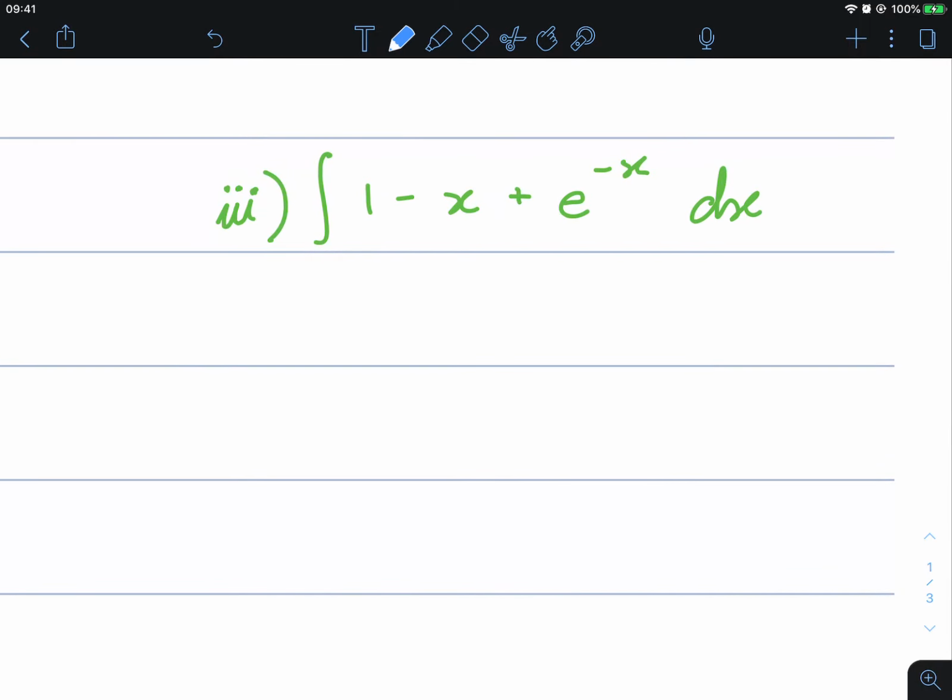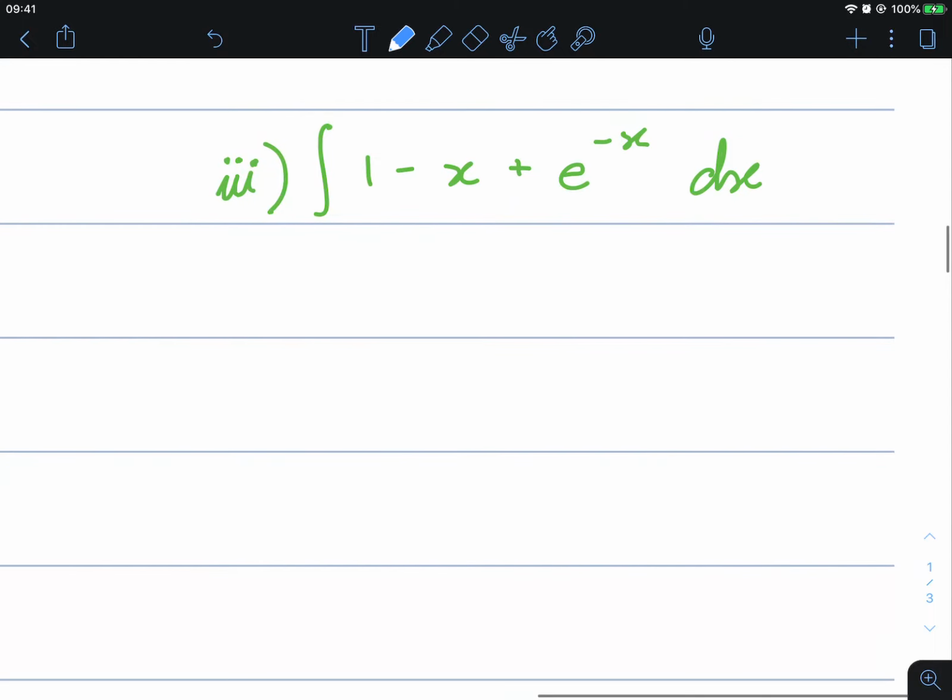Whenever you have multiple expressions, and notice how there's no multiplication here, they're all separated by plus or minus, we just integrate each individual component. So the integral of a constant is just x. The integral of this, we raise the power by 1, so x squared, dividing by the new power.